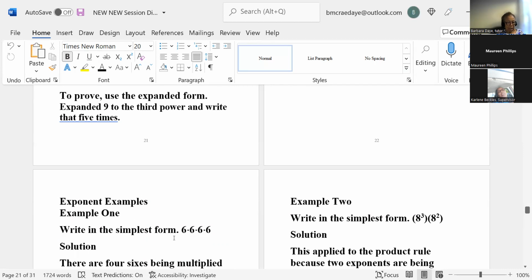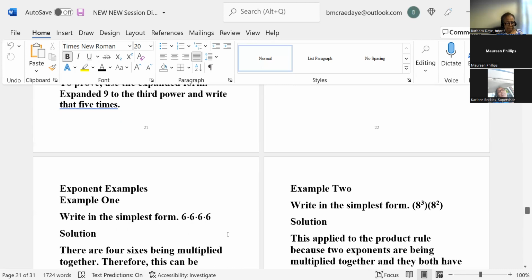Now, how would you write this as an exponent, Maureen? 6 times 6 times 6 times 6. How would you write that as an exponent? 6 to the power 3, but you're multiplying it by itself 4 times, right?